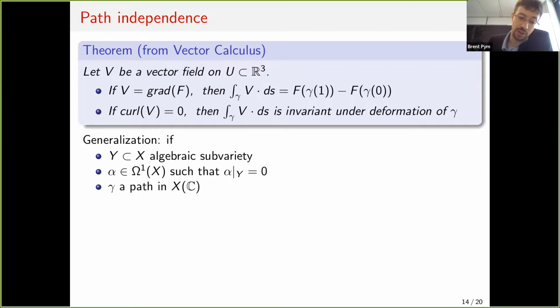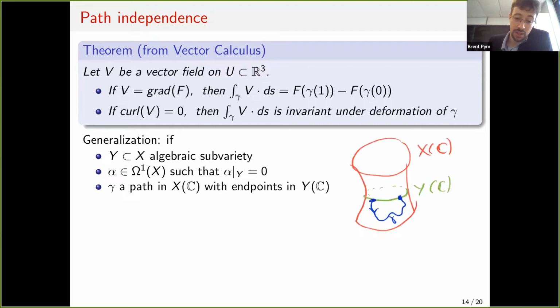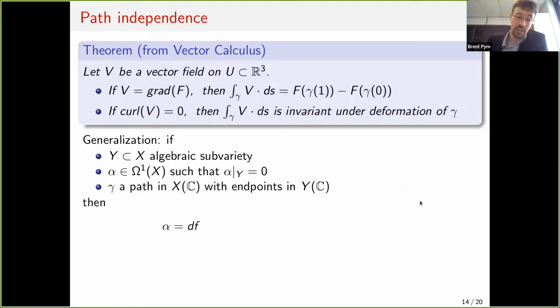And on the other hand, you consider a path in x whose endpoints lie in y. So here's a kind of cartoon picture. We have x of c, and we have y of c. These are the complex solutions of the equations. And then I consider some path gamma, which moves around in x, but the key thing is that it starts and ends in y.